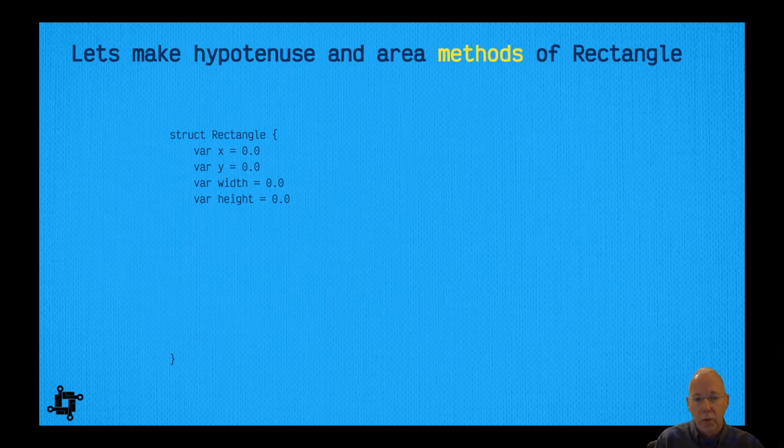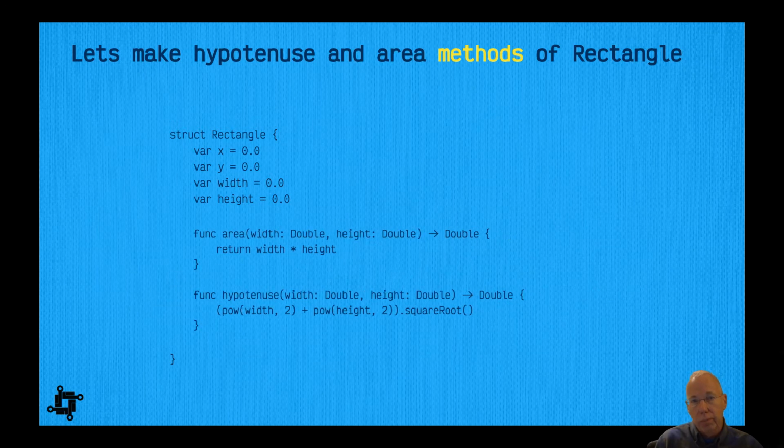So let's start out with the struct itself. So here we have the struct that we had before with the open and closing brackets. And then what we're going to do is bring those two functions inside the struct itself. So where they were outside before, now they're inside this rectangle struct.